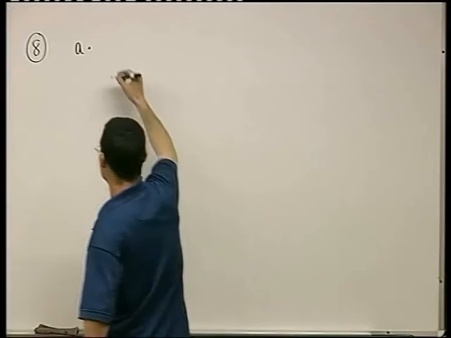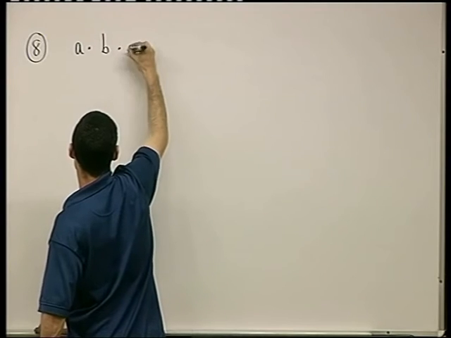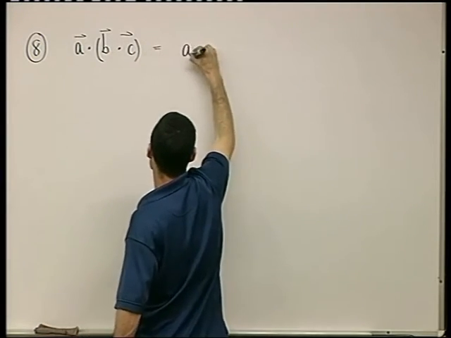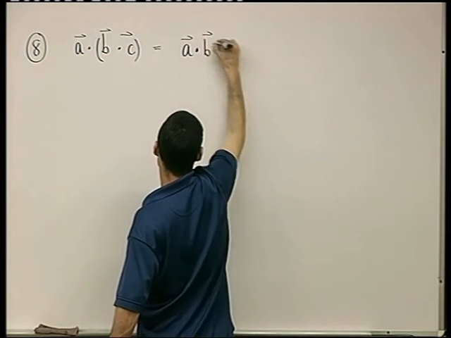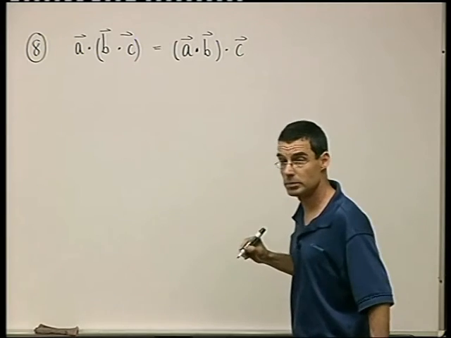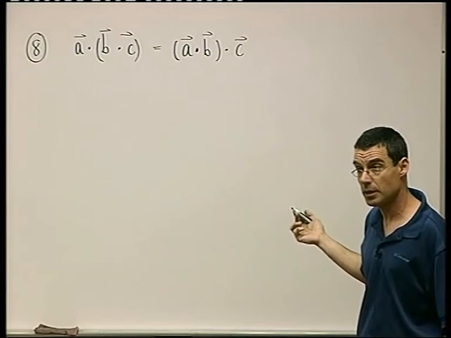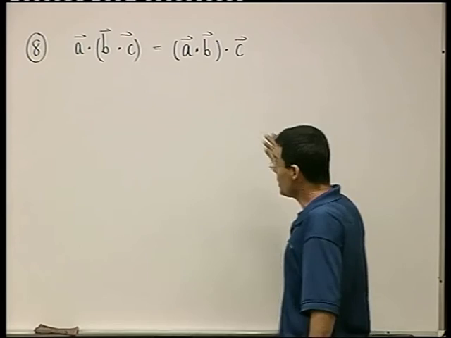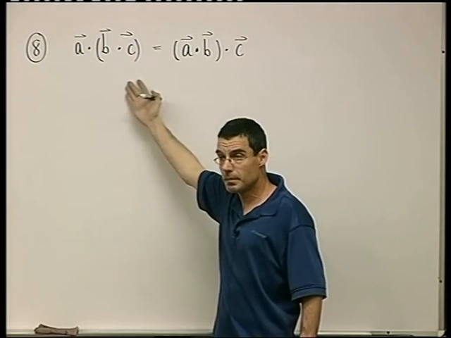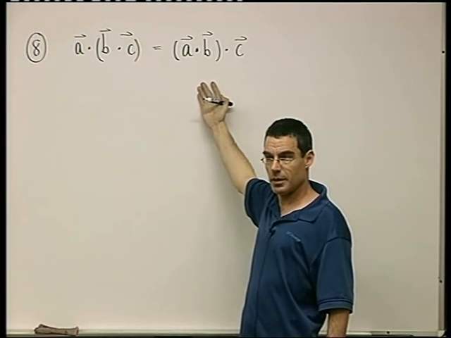So you would want to write (A dot B) dot C equals A dot (B dot C). Is this true? This is the associative law, right? Not only is it not true, this thing is complete nonsense. Why?